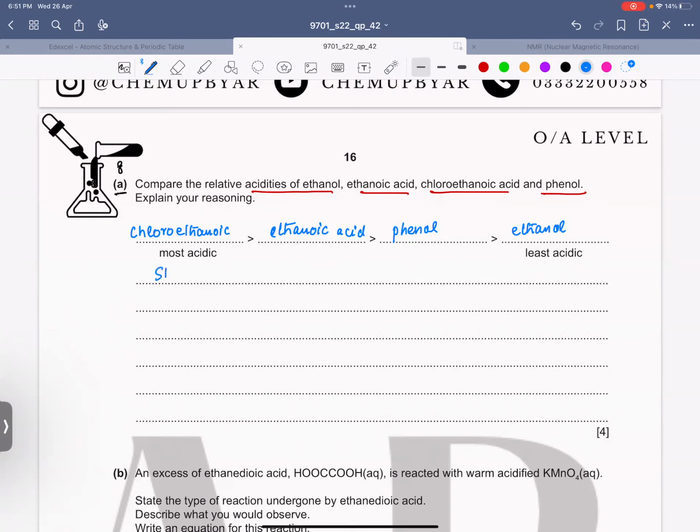So I can write that the strength of acidity depends upon the strength of the OH bond.